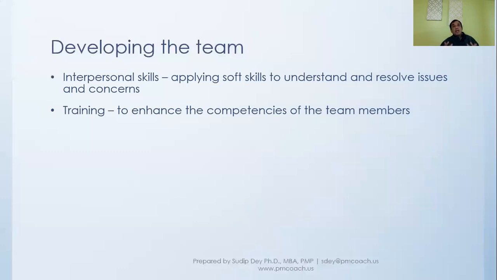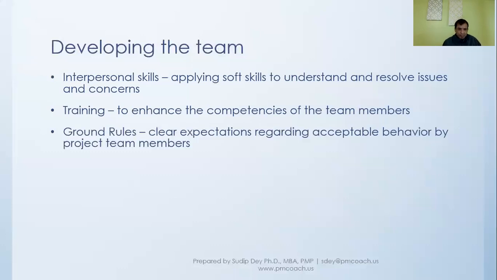And based on what the different team members need, we'll have to strategize what kind of training should be given. Again, it can be technical, it can be at a management level, it can be personal, interpersonal skills. So whatever it is, we have to identify and organize for that.